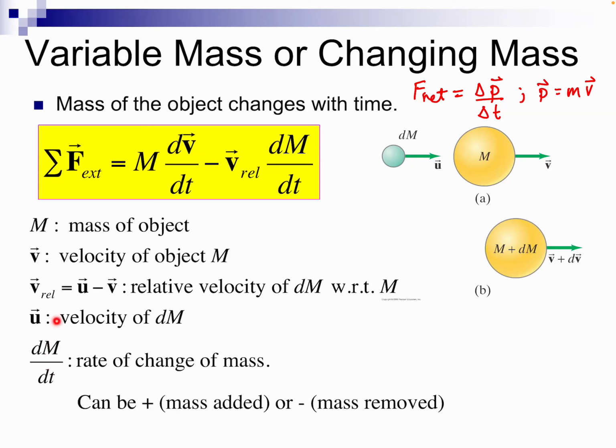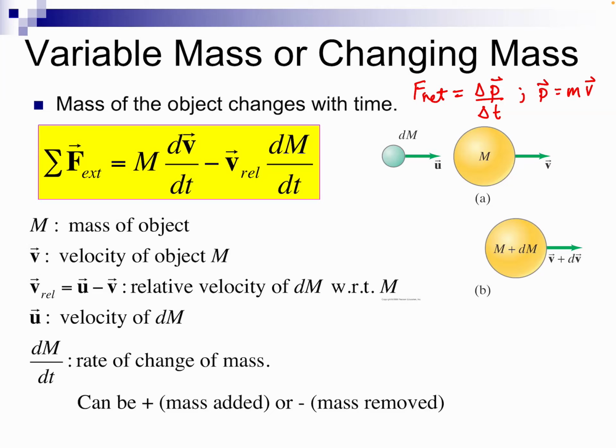So of course, the rate of change of mass will be positive because the mass is increasing over time. Whereas if you think about an object that's rolling, and as it rolls, it disintegrates so that its mass decreases over time, then the rate of change of mass will be negative because mass is being removed. So dm over dt can be negative.